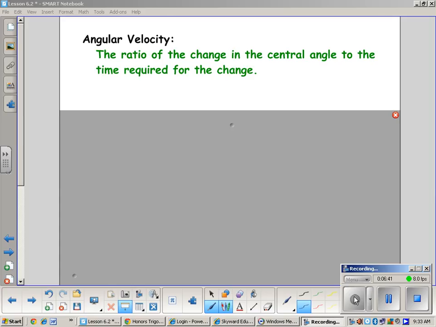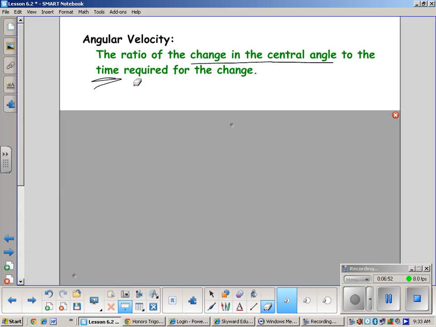Relating these two quantities. The ratio of the change in the central angle to the time. Ratio of the angle to the time. That angle is going to be the angle of displacement, okay?